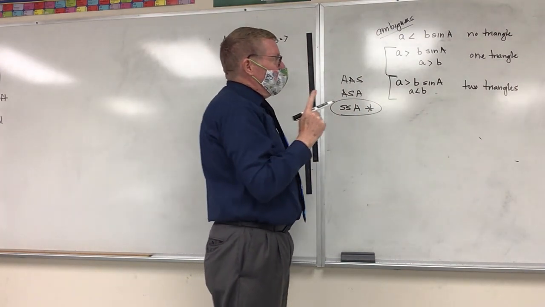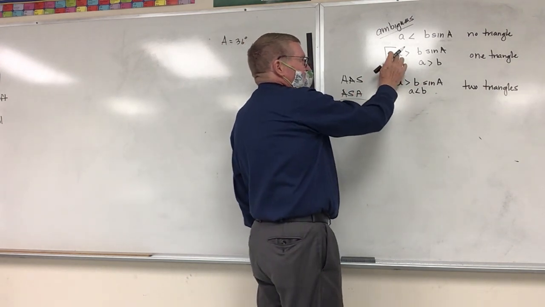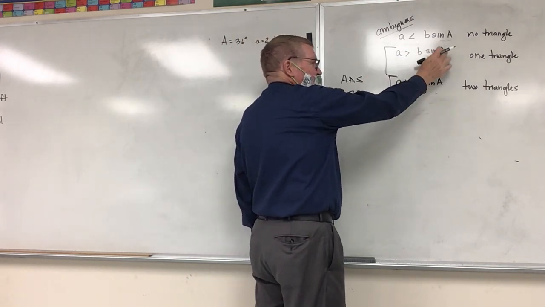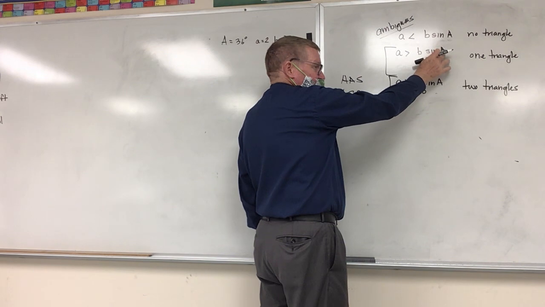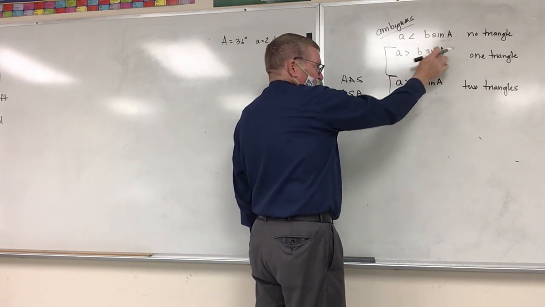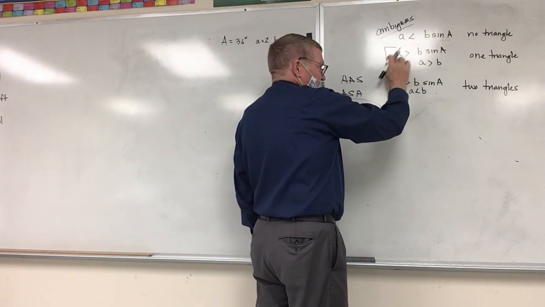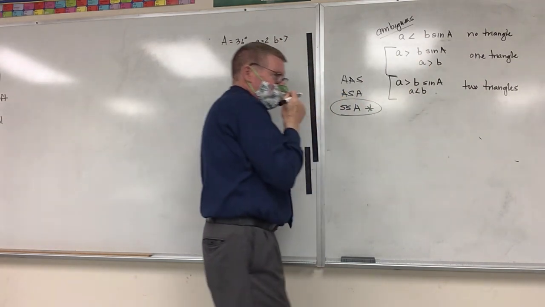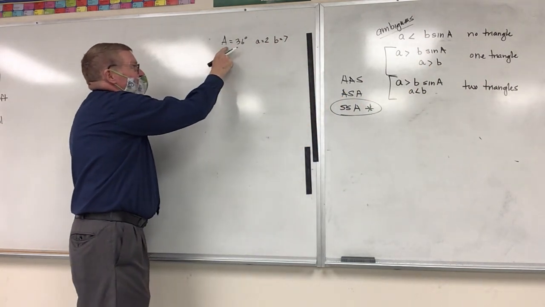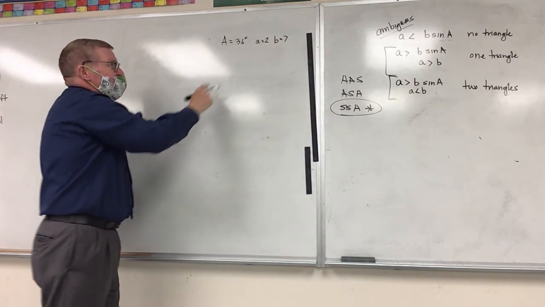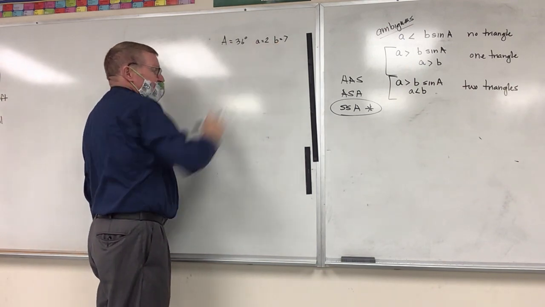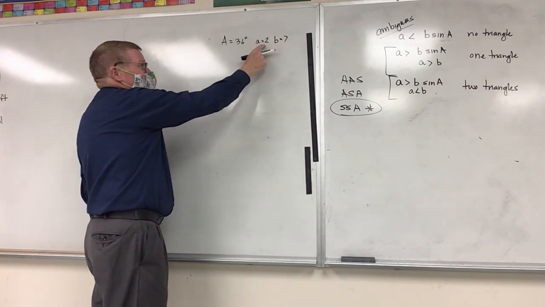What you need to remember is that you're always comparing the side opposite the angle that you're using. Because you see sine A and lowercase a, they're the same. The other side would be by itself. So here we have angle A is 36, a is 2, b is 7. We have side angle.